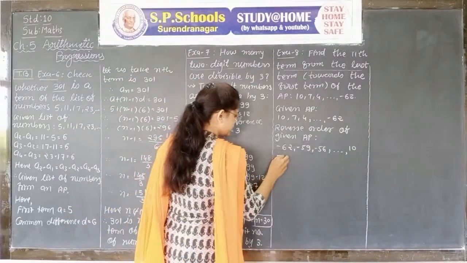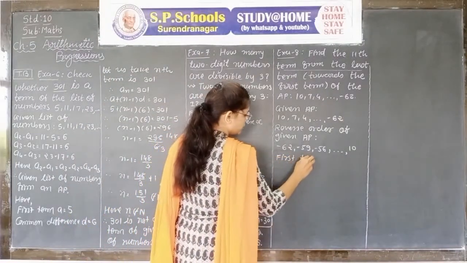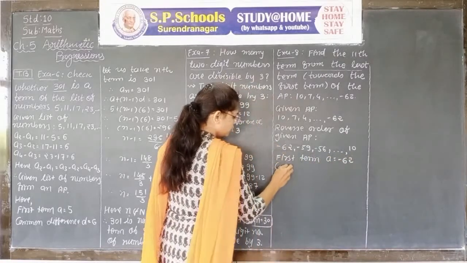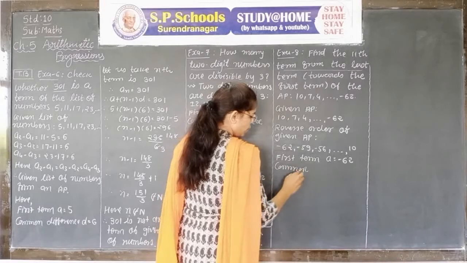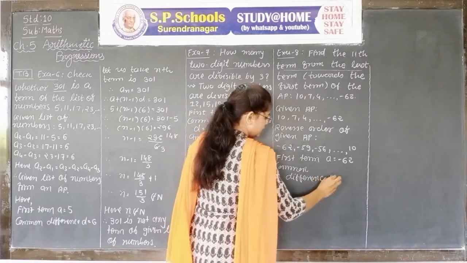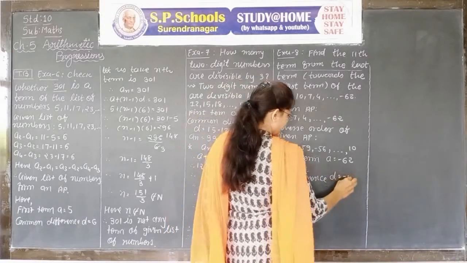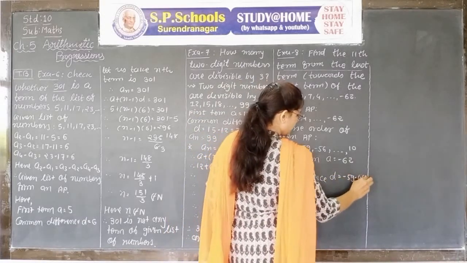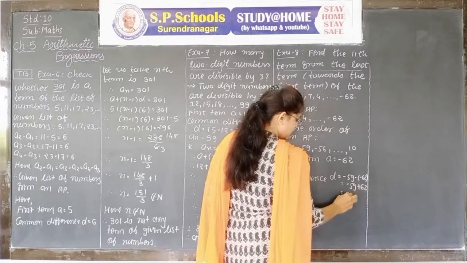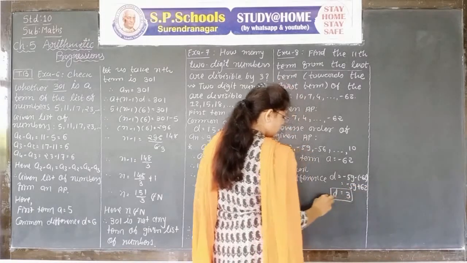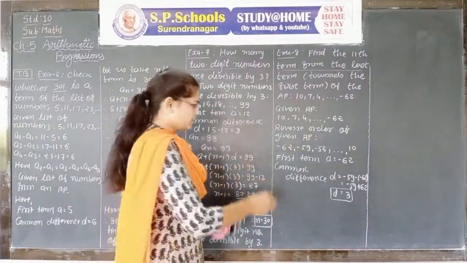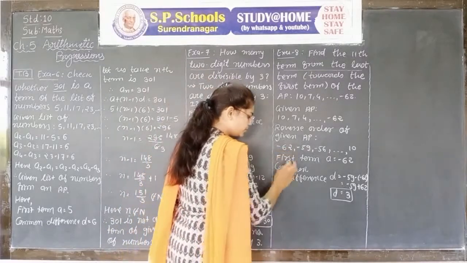Now we write the first term and common difference. First term a is equal to minus 62. Common difference d is equal to minus 59 minus of minus 62. Minus 59 plus 62 is equal to 3. Here the common difference is 3. We need to find the 11th term from the last in the given AP, but we find the 11th term from this AP.